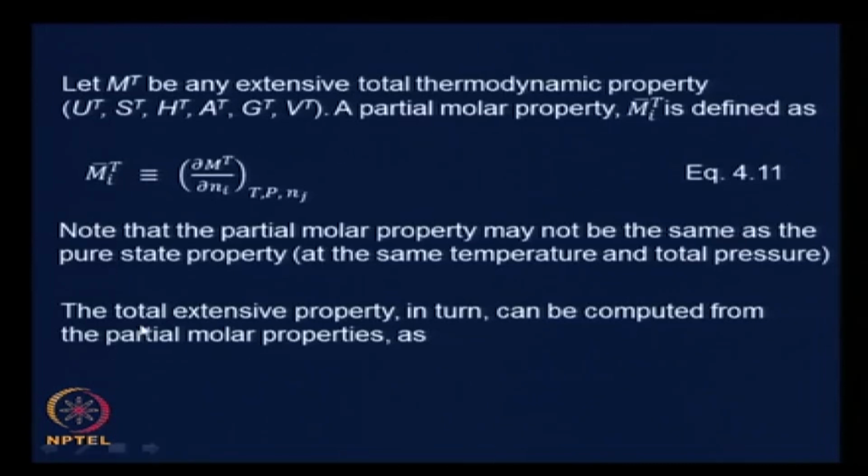The total extensive property can in turn be computed from the partial molar properties as Mt equals the sum over i of Ni times the corresponding partial molar property Mi hat. So, this is a simplistic formulation, and to be able to do this we go in for a conceptual partial molar property.